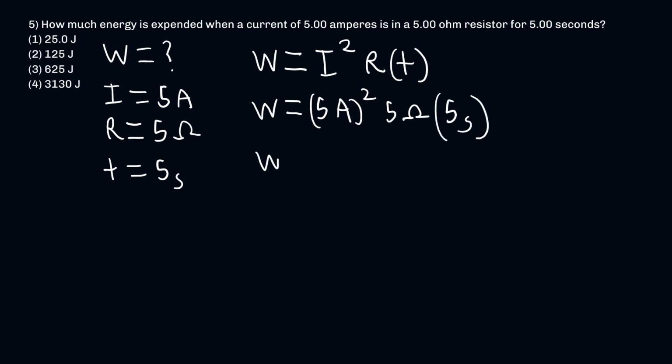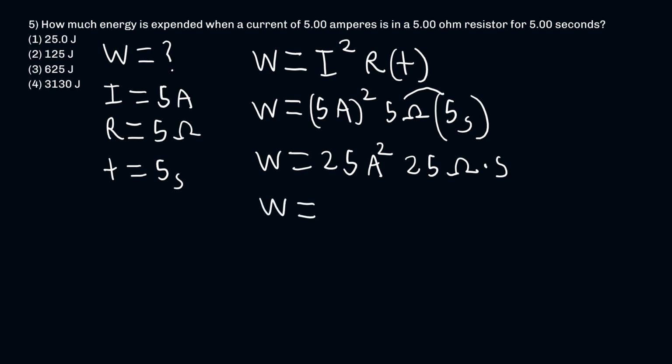So just quickly here, 5 raised to the second power, that's going to give me 25 amperes squared. Multiplying those two together, I'm going to have then 25 ohms times seconds. And then just multiplying 25 times 25 together, that's going to give me the unit of joules.